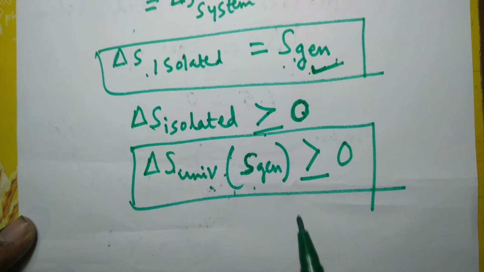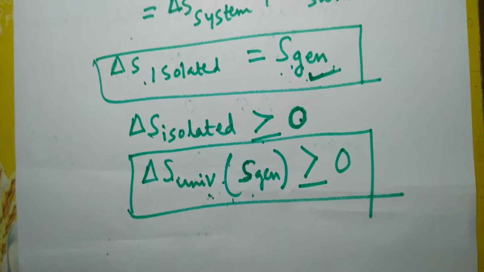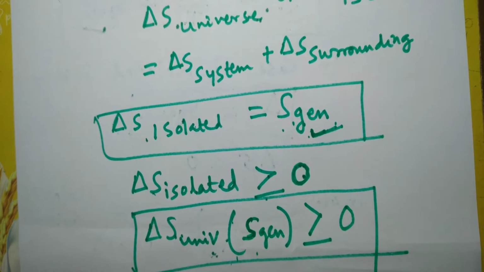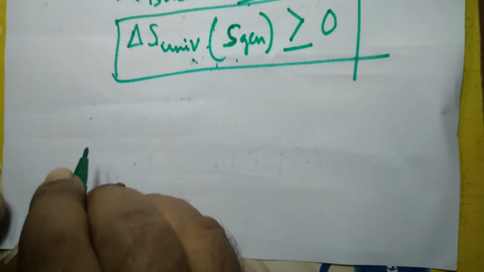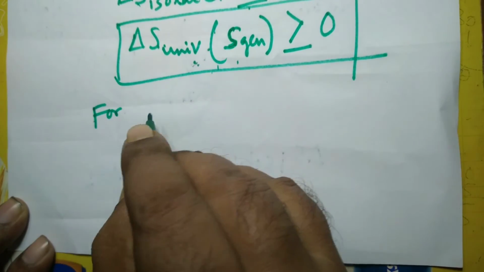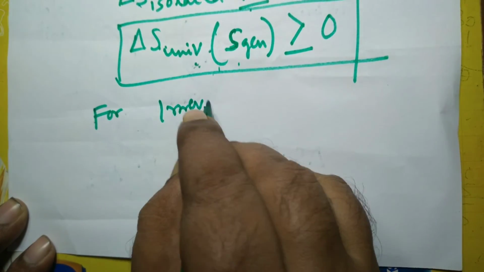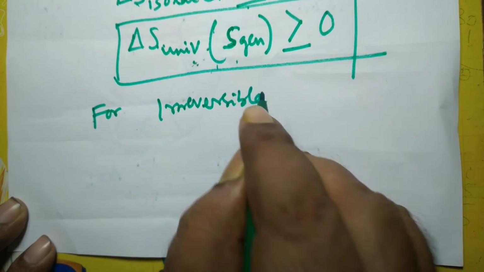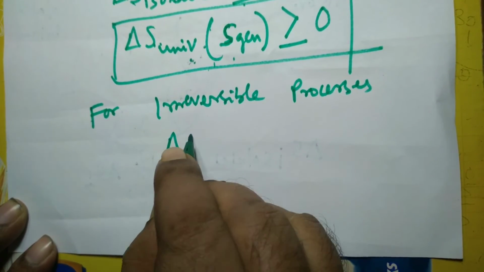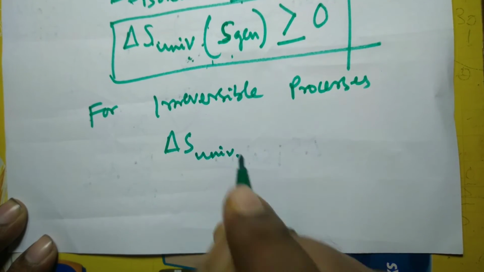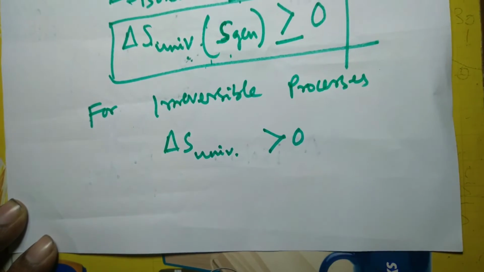But in actual processes, we know that whatever processes occur in nature are irreversible processes. And for an irreversible process, delta S universe is greater than 0.